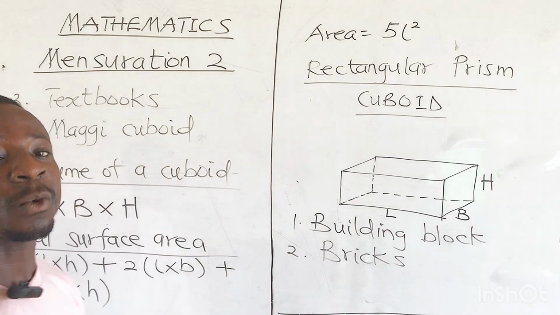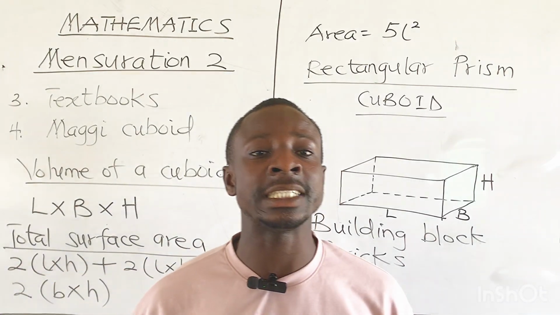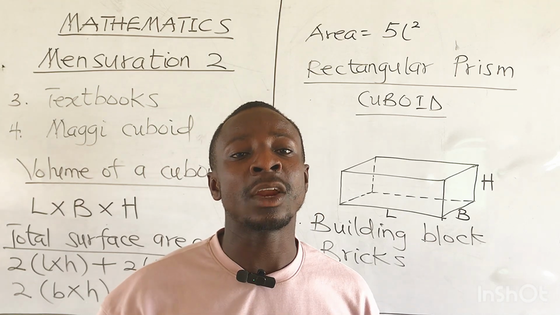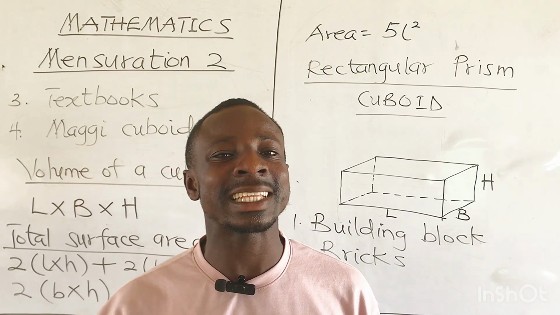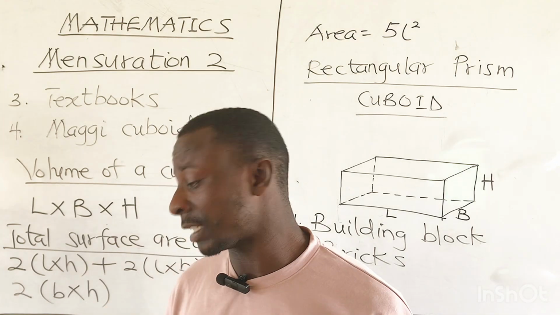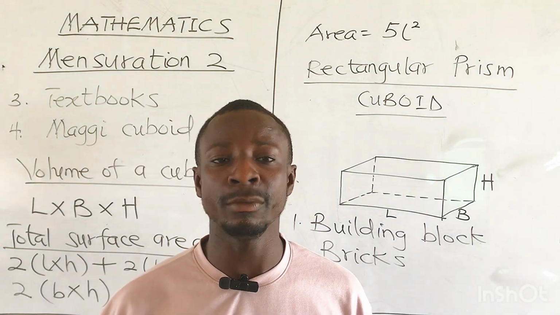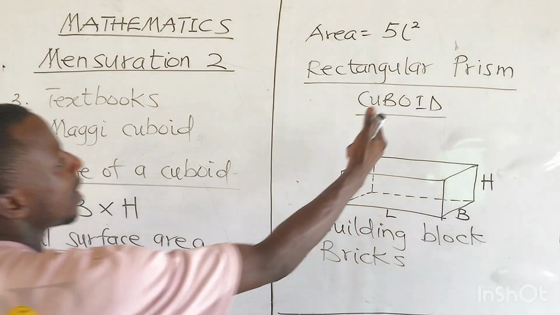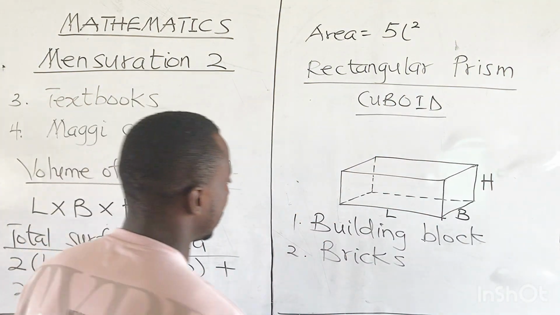Now, in some questions, they can ask you to find the total surface area of an open rectangular tank, which is similar to an open cuboid, because a rectangular tank, we are talking about a rectangular prism. All right.